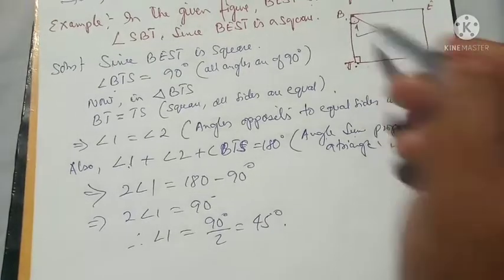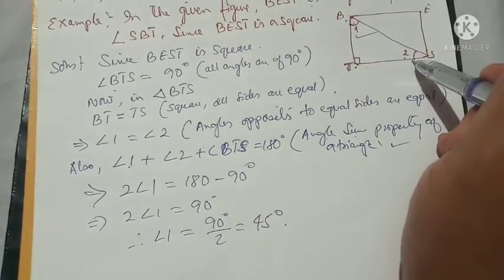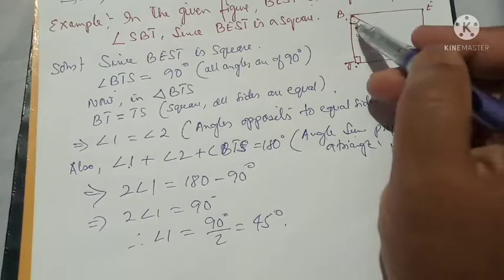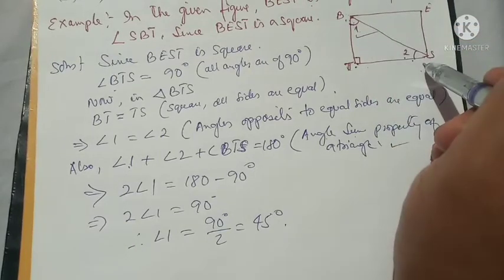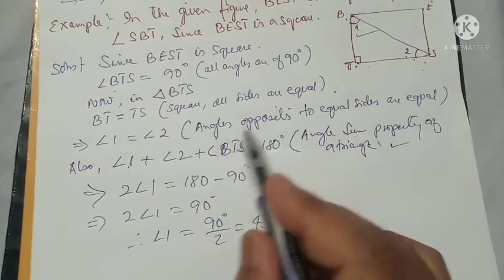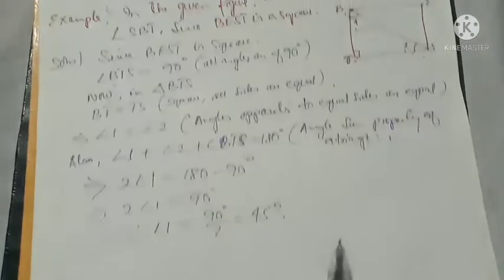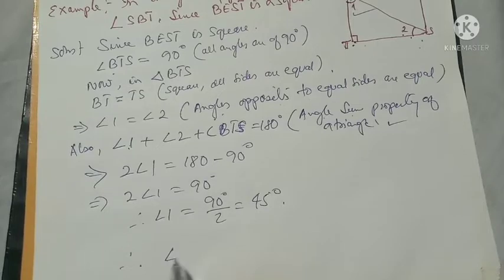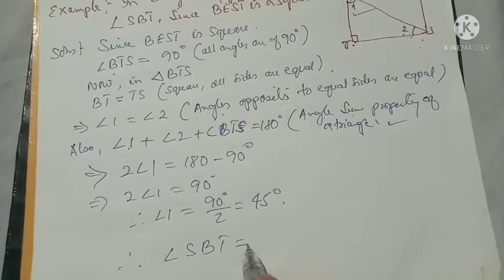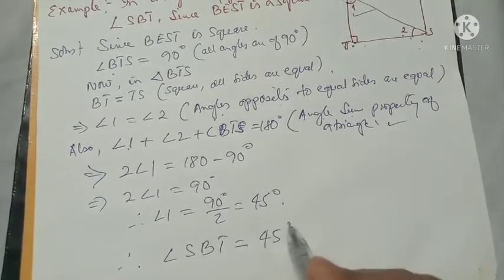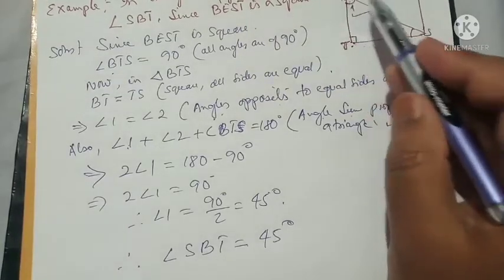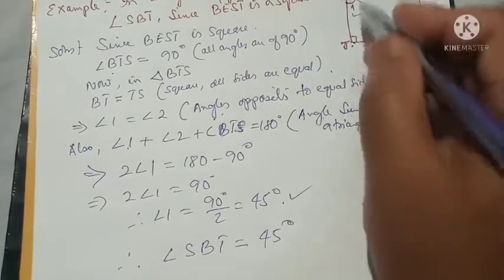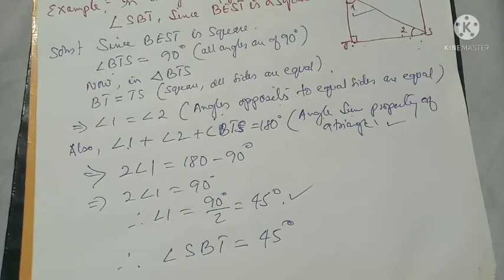So angle 1 will be 45 degree, and angle 2 also the same, because angles opposite to the equal sides are equal. So therefore angle SBT is equal to what? 45 degree. Yeah, angle SBT, that is angle 1, is equal to 45 degree.